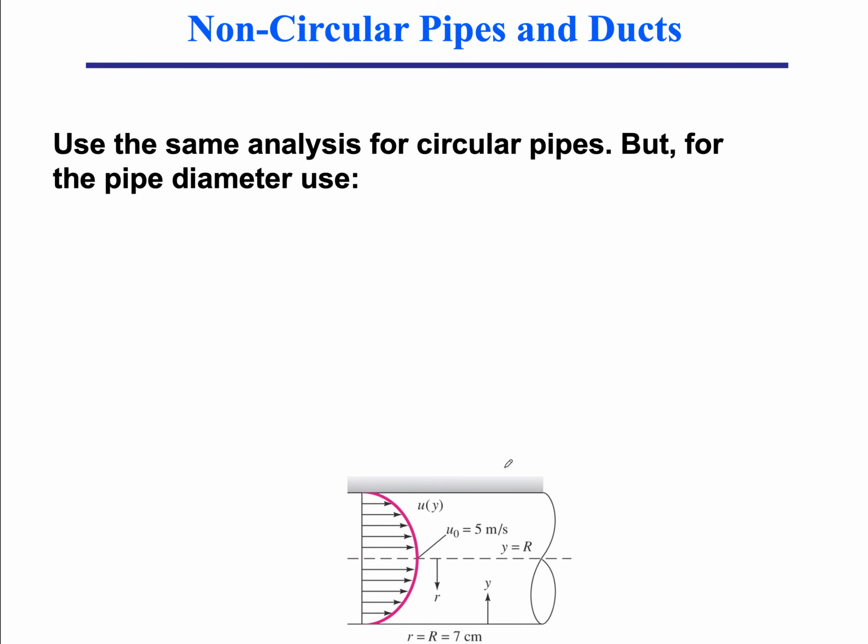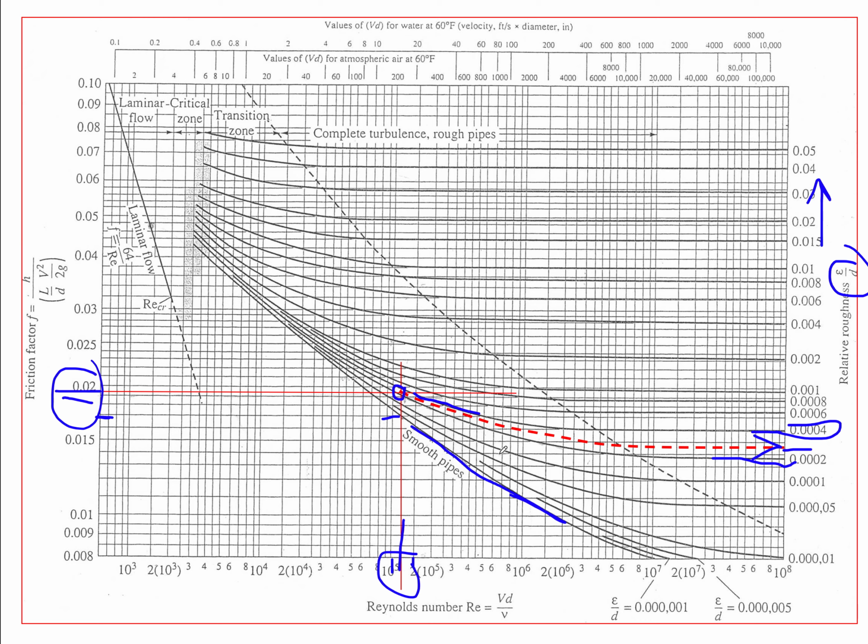And now let's go to the Moody Chart. We've started this chapter with round pipes that have a circular cross-section. But in fact, people have found out that we can actually use the Moody Chart with pipes of arbitrary cross-sections, maybe a square or triangular or some other kind of shape.